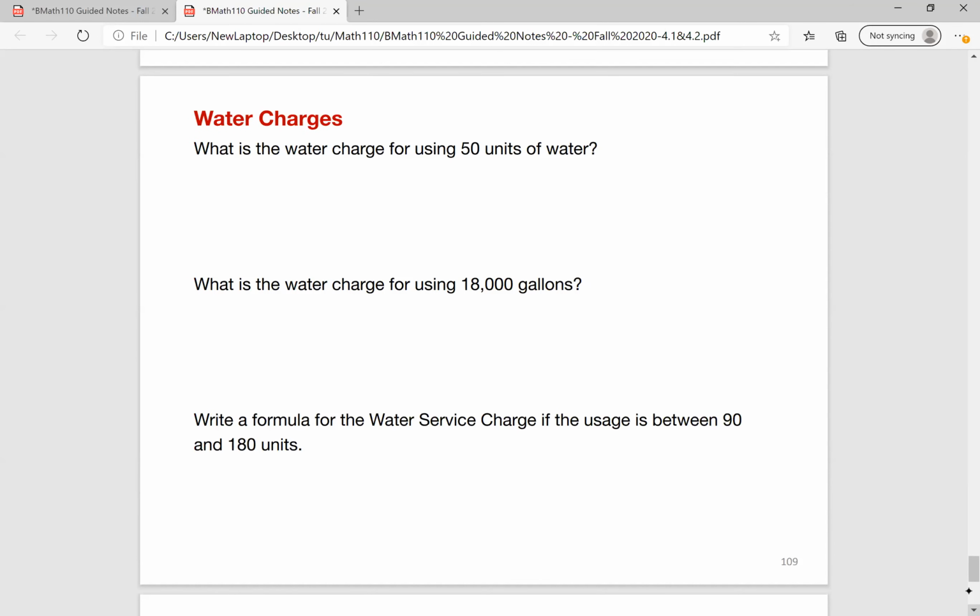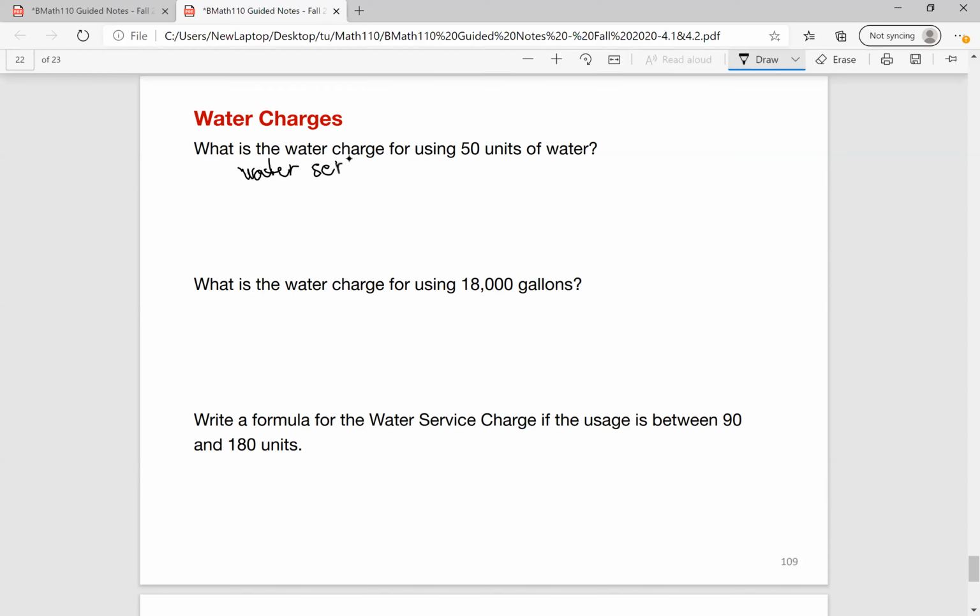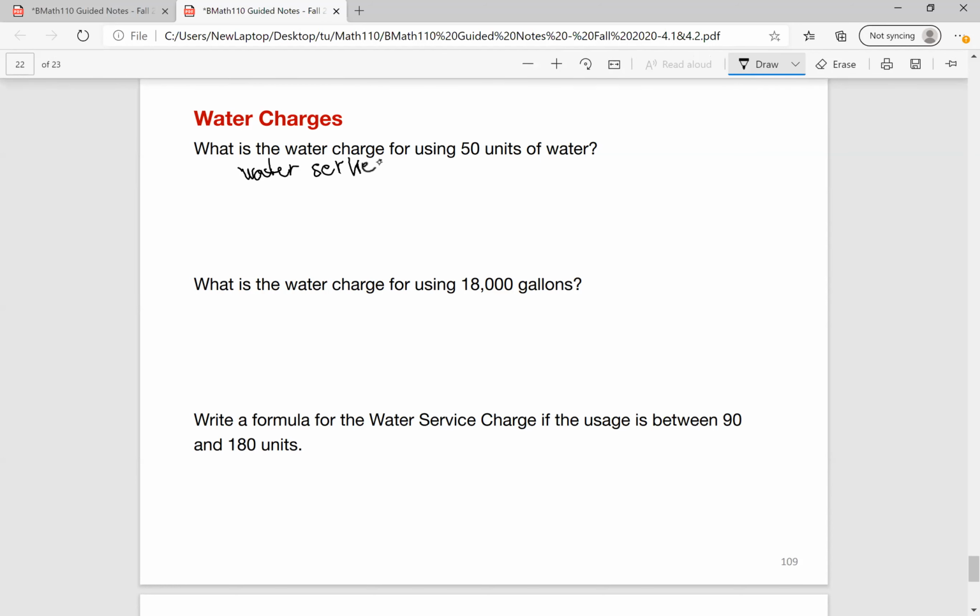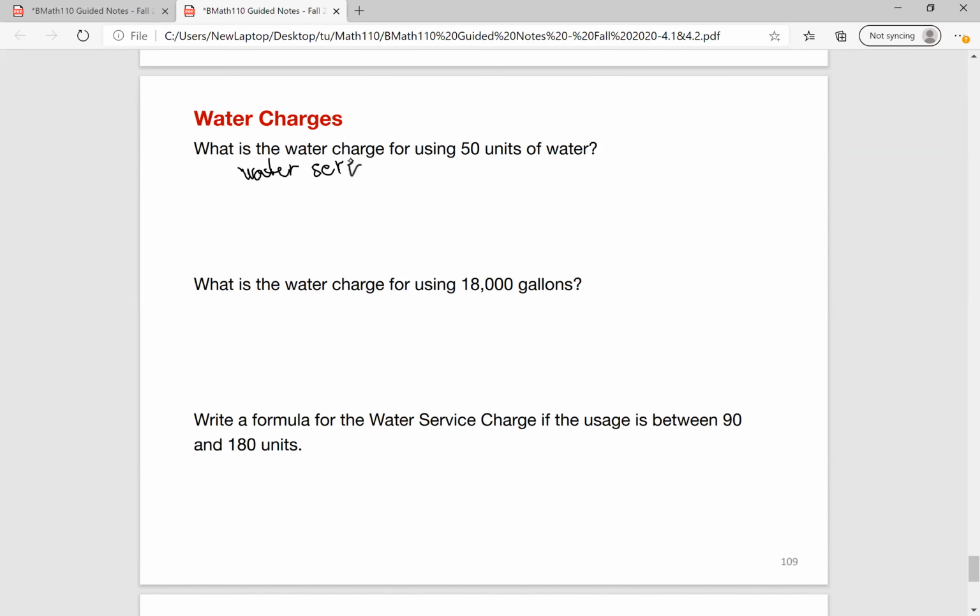The question is, what is the water charge for using 50 units of water? So first, you have to pay for the water service. How much is this water service gonna be? I forgot.